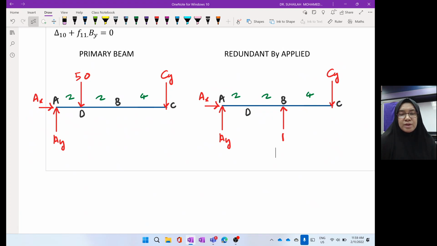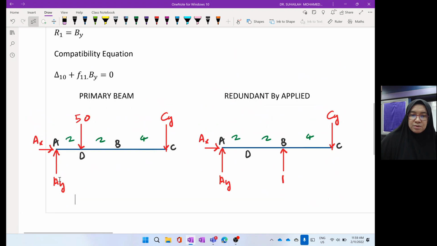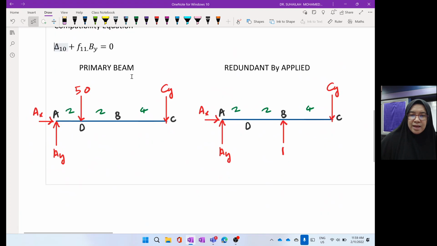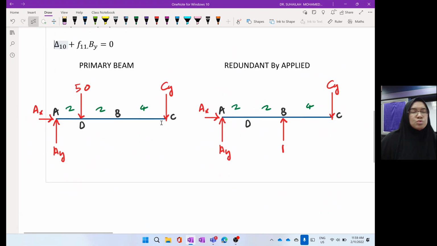So what we need to do after this? We have to calculate the reactions, in order to write the moment equation.